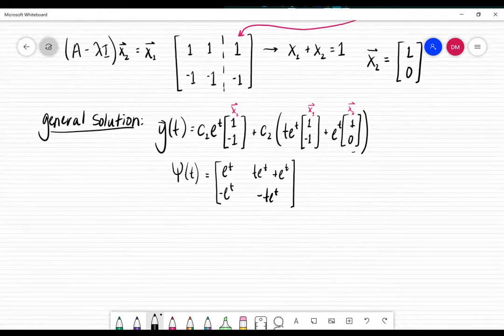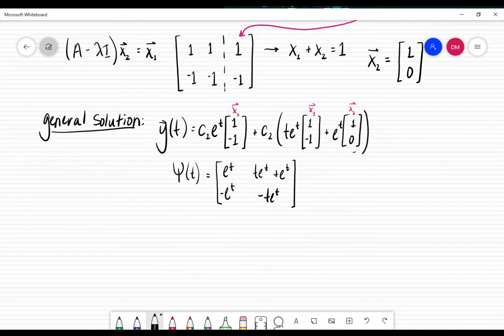So remember the way in which we do that is we said, okay, I do have this solution that says that if I have y of t, it is equal to psi, my solution matrix, times c, my C1, C2 vector function there.